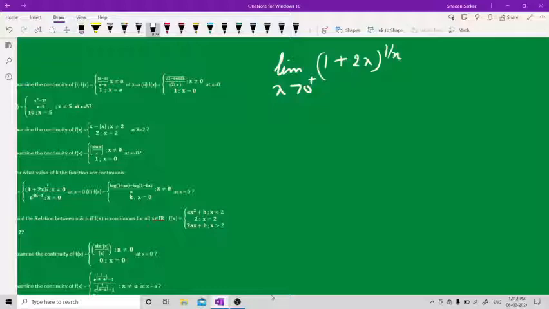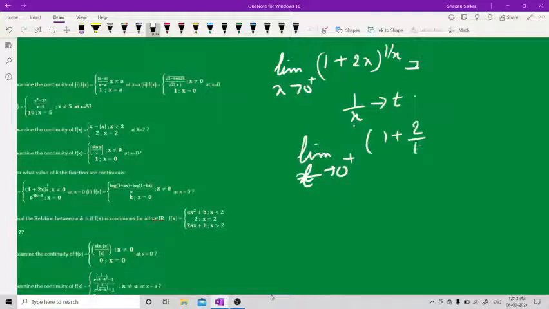Put 1 upon x as t. So as x goes to 0 plus, t goes to 0 plus. Then (1 plus 2 by t) to the power of t will give me e square. What formula is it? I hope you remember.